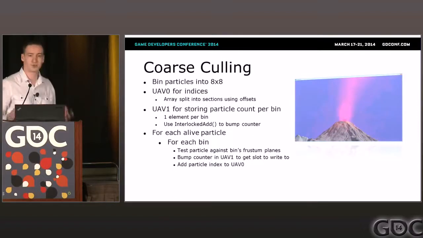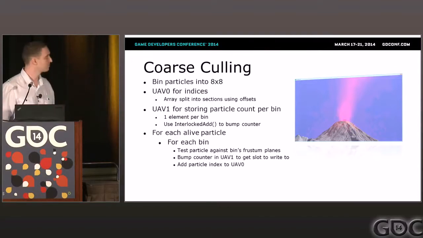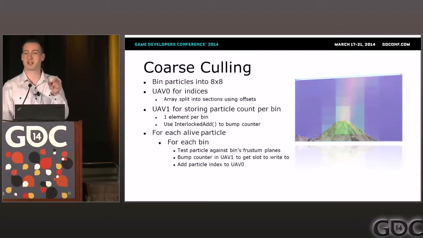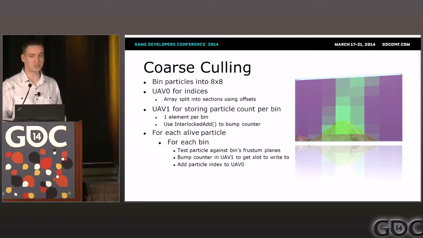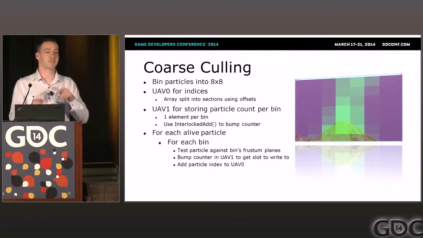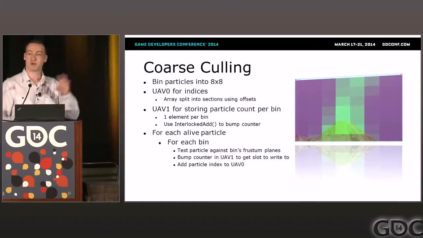The second win here is we can do coarse culling. Before we do the fine grain culling, we can divide our scene up into an 8x8 grid, and using a compute shader we brute force through each particle in the global list and ask which bins it lives in. Essentially it's the same frustum testing code, but this time we're writing the particle out into one of 64 bins.